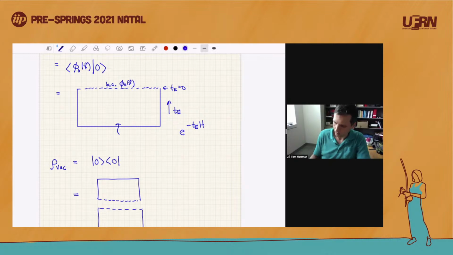Where the bottom thing here is the bra or the ket. I can't remember which is which, and the other one's a ket. Okay, so the way to think about this picture is now on the left-hand side we have an operator, and on the right-hand side we have 2 open cuts.